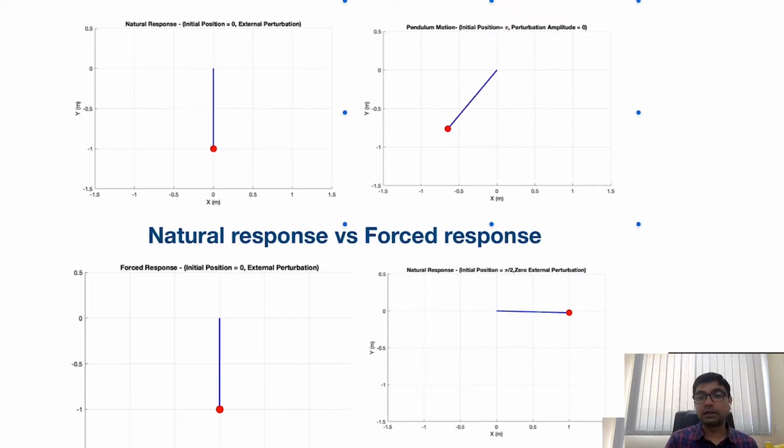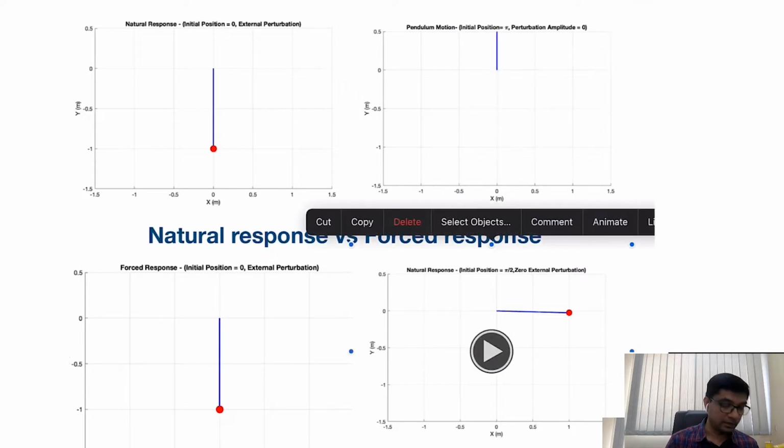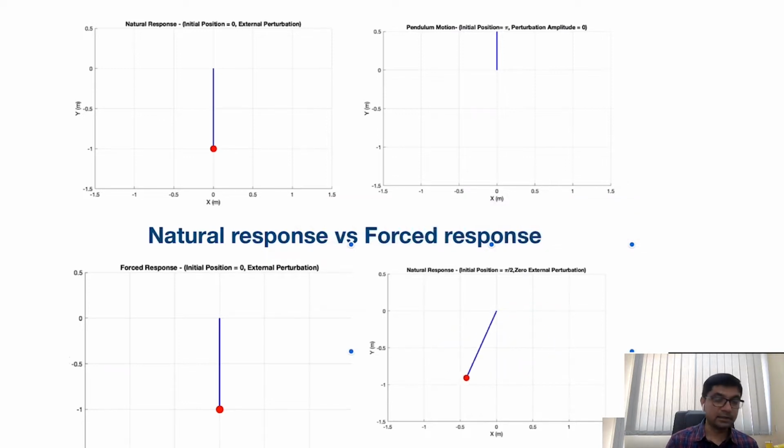This we saw in the definition of an unstable system, where the system starts from theta equal to 180 degrees, the upright position, and comes back to this position. I start with an initial position, so there is no perturbation here. I just start with an initial condition at theta equal to pi by 2 and see that the pendulum again comes back to its downward position.